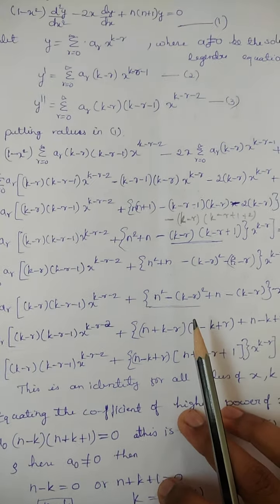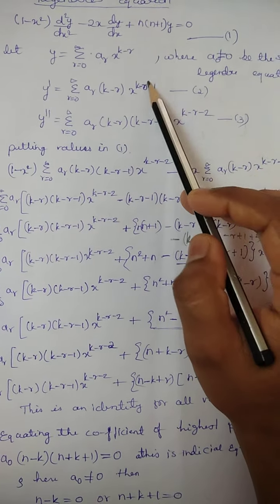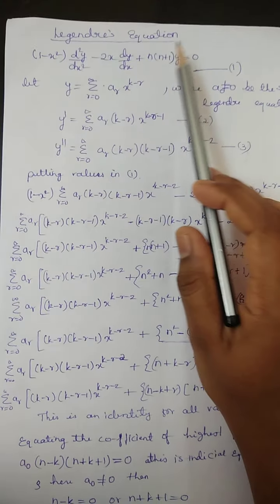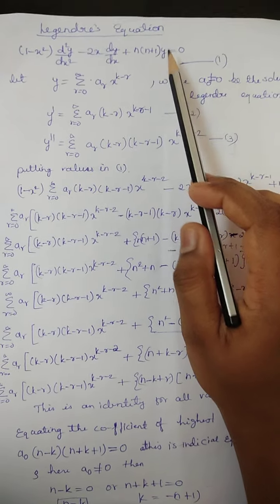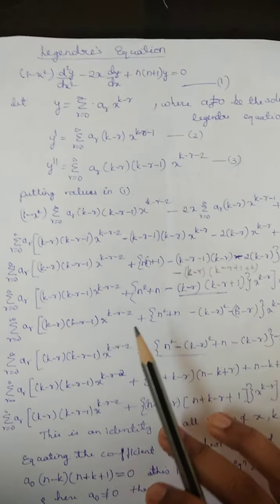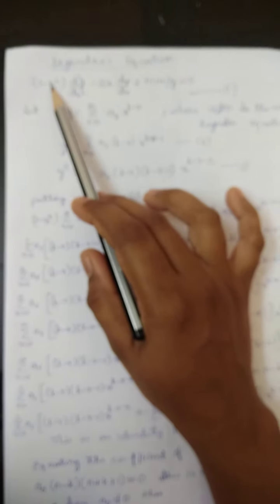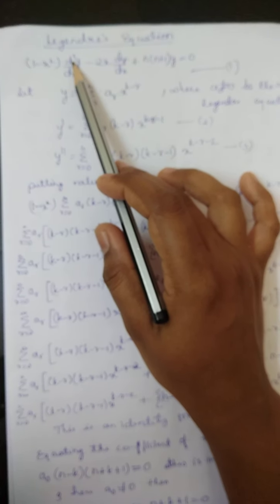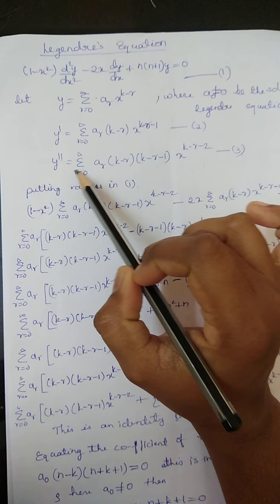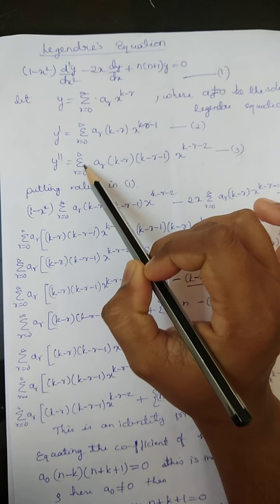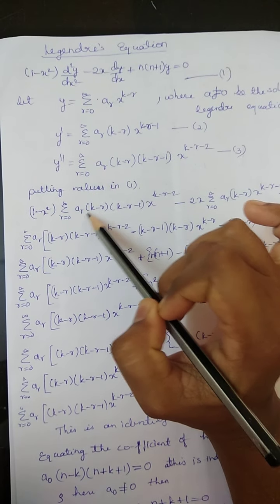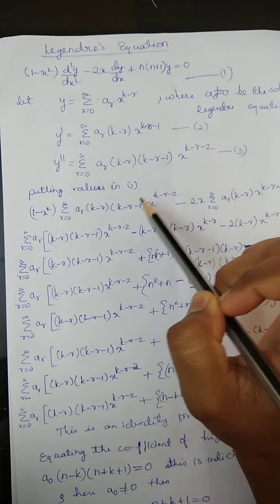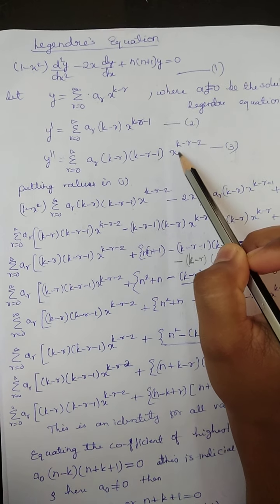Now we have to put all these three values in equation 1, the given Legendre equation. Putting these values we get (1 minus x squared) as it is, times the summation for d squared y by dx squared, meaning y double dash: the summation from 0 to infinity of a_r (k minus r)(k minus r minus 1) x raised to (k minus r minus 2).